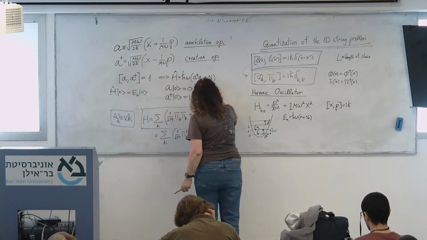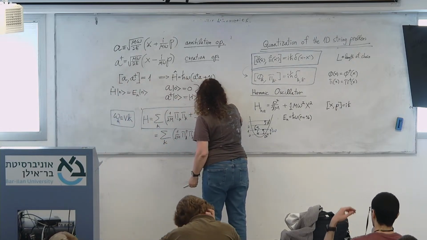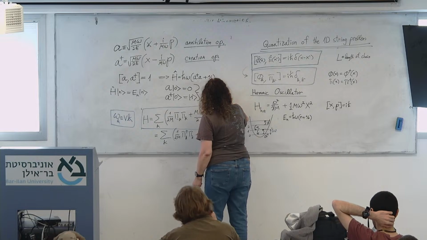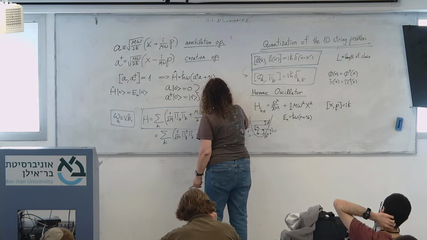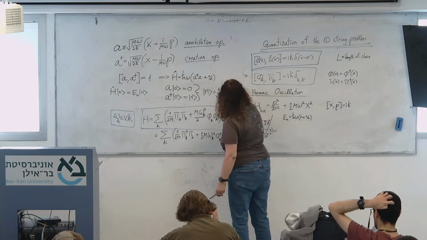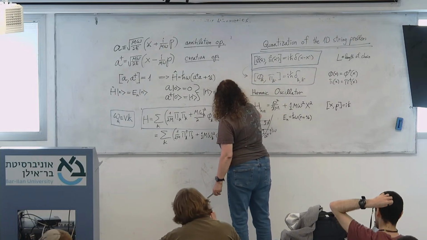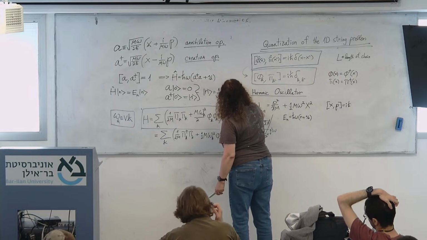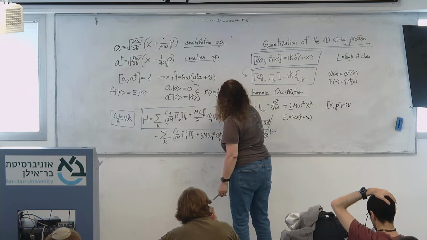The correct normalization is to divide by the square root of n factorial, times a dagger to the n applied on the ground state.